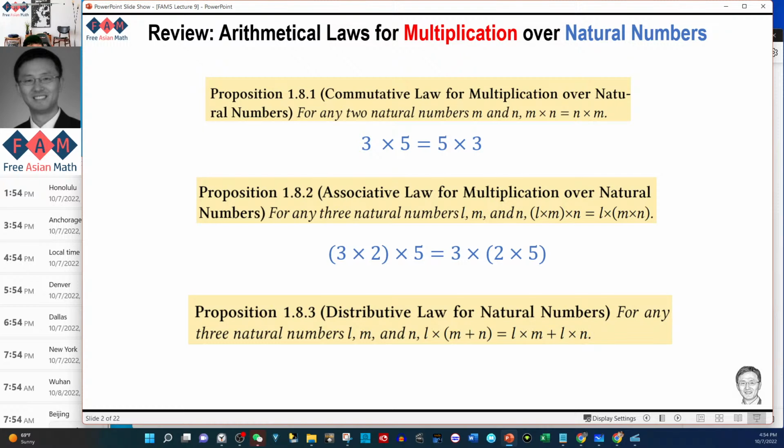But if we consider the very same equality from the right to the left, that means that L times M plus L times N, because the two share common multiplication number, which is L, we can actually factor it out. This is what we call factoring. We can put L outside, then M plus N, which is exactly on the left-hand side. So from the right to the left, we call it factoring.